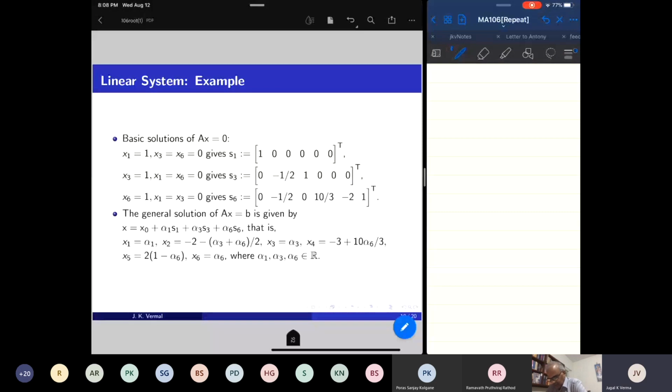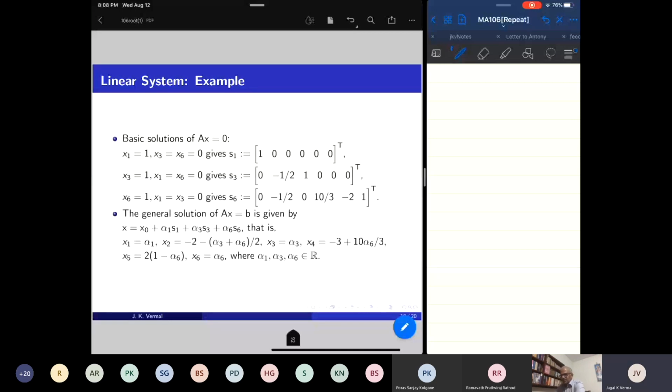So you have to be careful. You can't get basic solutions by giving just randomly chosen values to variables. This method of giving value 1 to x1 and 0 to x3, x6, and then x3, the other non-pivotal variable, equal to 1 and x1, x6 equal to 0, will ensure that these three solutions, their linear combinations exhaust all the solutions of Ax equal to 0.